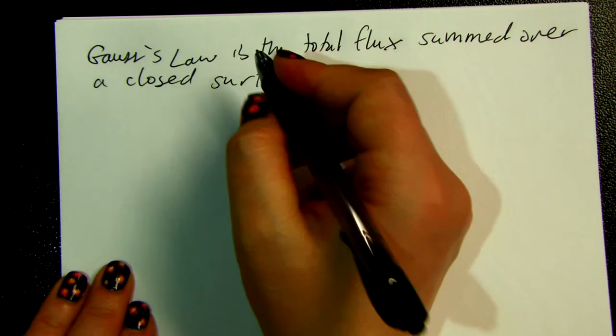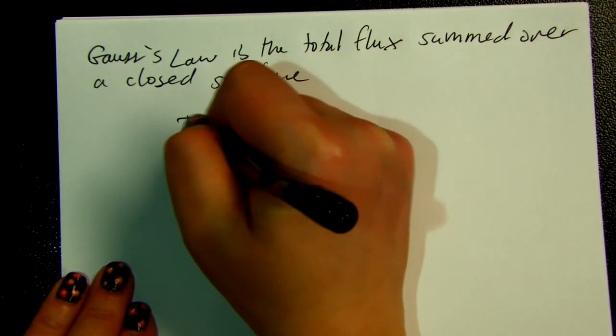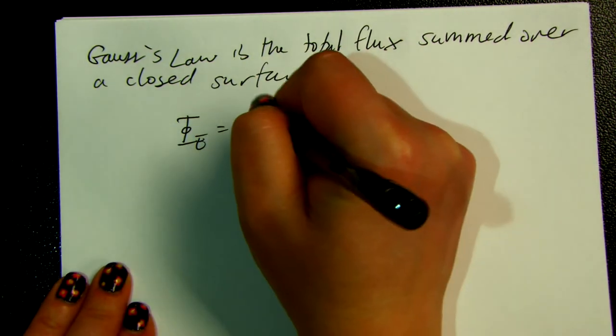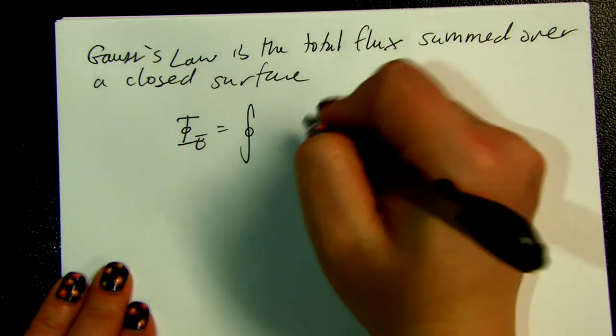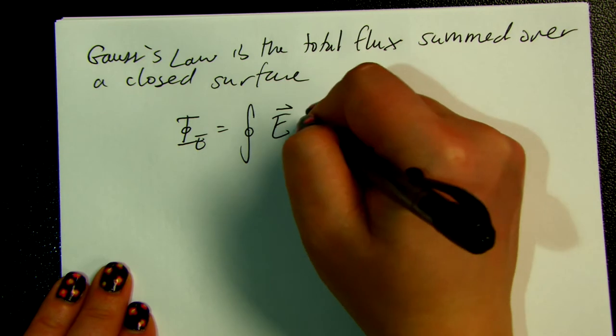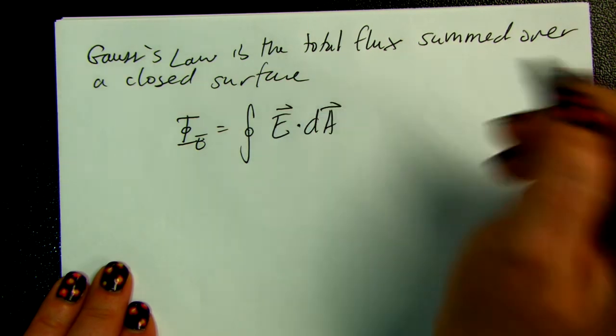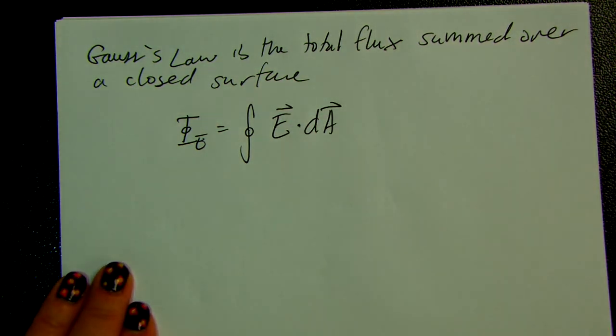And it's typically written as equal to the surface integral, so this is the notation for a surface integral, of E dot dA. This is really the notation I want to see.